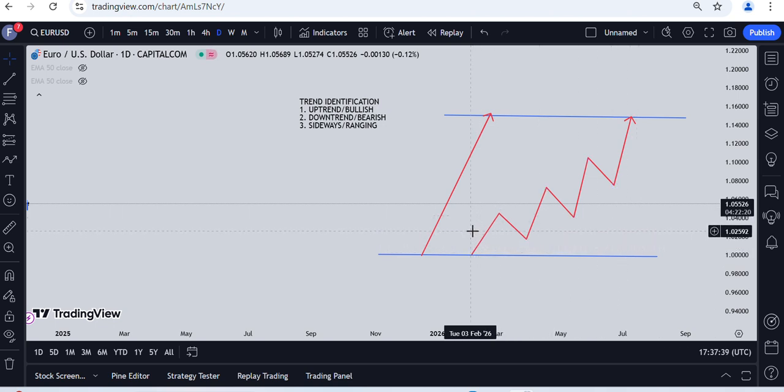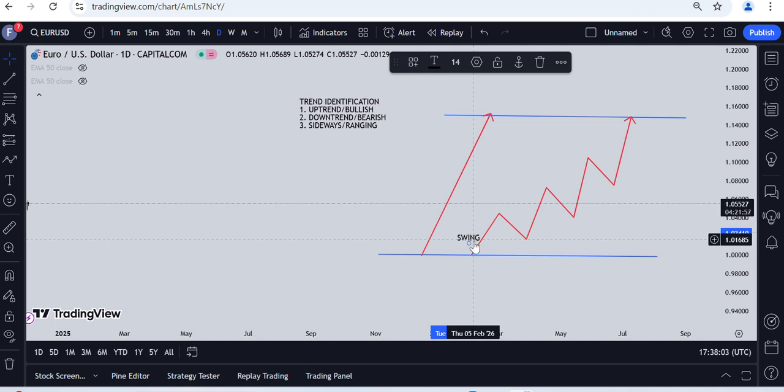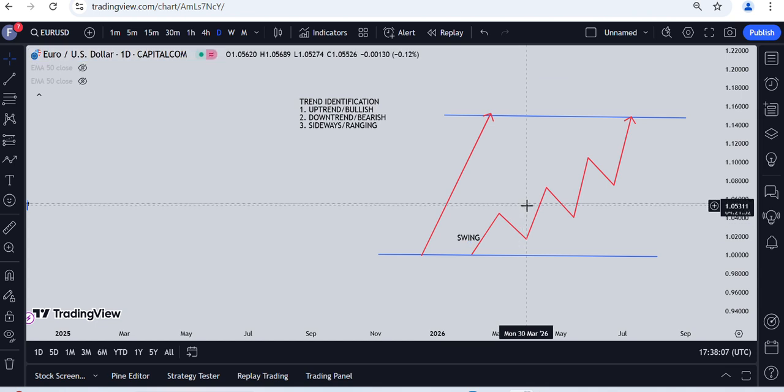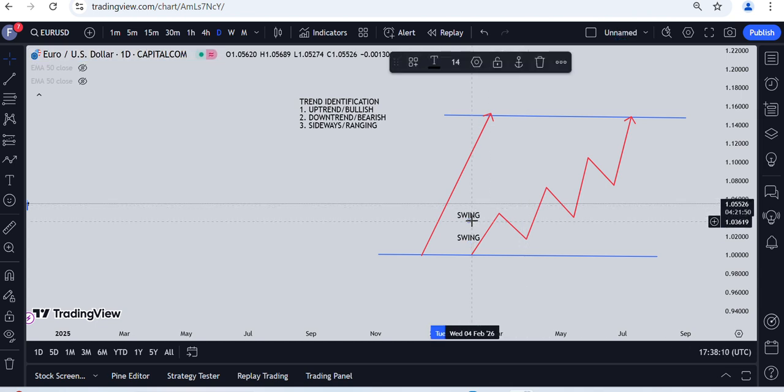Now, this point here, let me label it for you to understand. Here, it's called the swing. The market moves in swing. Okay? So this movement here is called swing. This one is called swing as well.